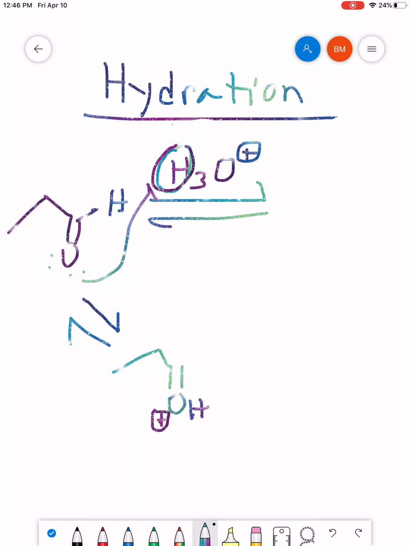That creates a positive oxygen. Now, oxygen hates being positive, right? So it's going to pull on those electrons in the double bond even more strongly, and that creates an especially strong partial positive on that carbonyl carbon. So at that point, the water that's left over can nucleophilically attack, driving electrons back up to oxygen.